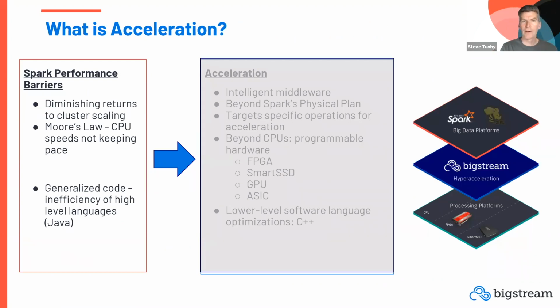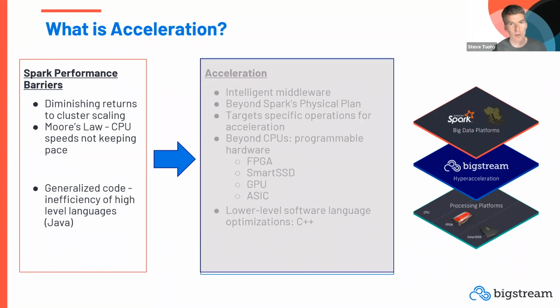To pull it back into the realm of the specific accelerators and Spark, and to summarize, there are several inherent limitations to the max you can get out of Spark that we've talked about a bit. So the diminishing returns to cluster scaling. Moore's law: basically, the CPU is depended on for all the processing in most Spark jobs.